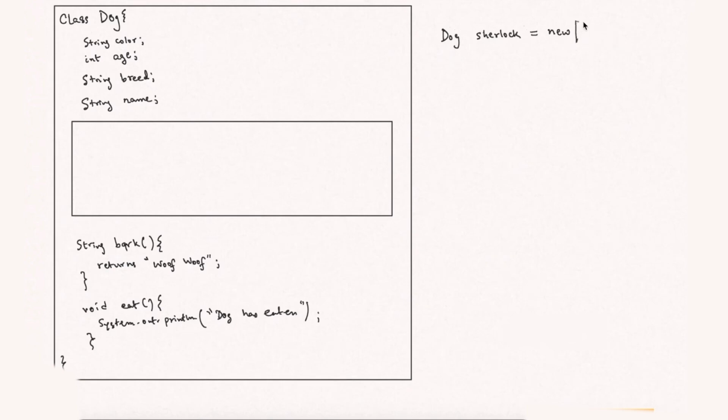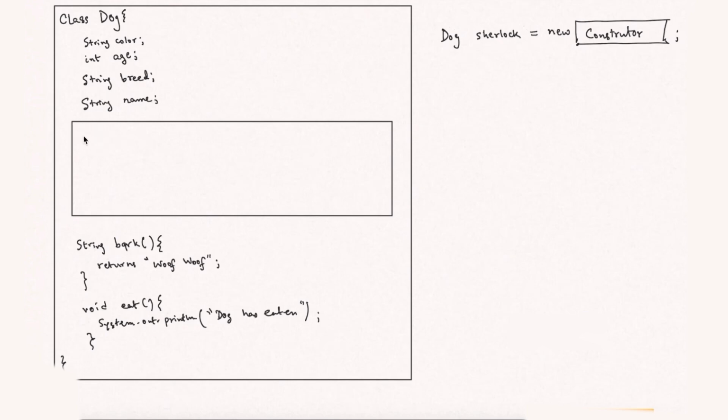And here is where we have to define its constructor. Because in order to create an object, we need to construct it from the class, right? And this is where the constructor comes in. Now, let's talk about the constructor first, and we'll see how we actually complete this statement.